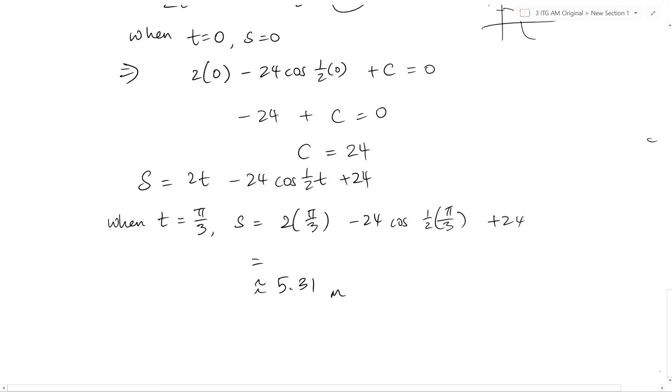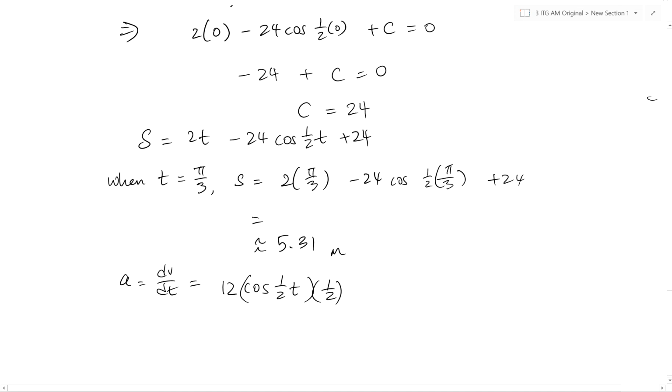The next part of the question, find the acceleration. So acceleration is dv over dt. Differentiating 2 is 0. Then we're left with 12. Sine, when you differentiate, it becomes cosine of half t. And we still need to multiply this by the differentiation of the angle, resulting in 6 cosine half t.